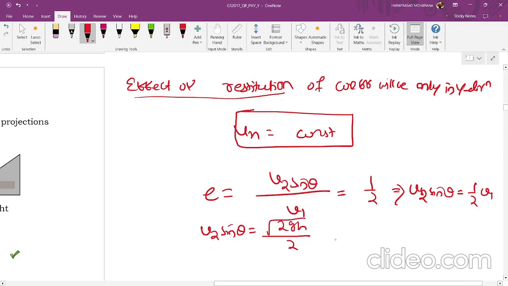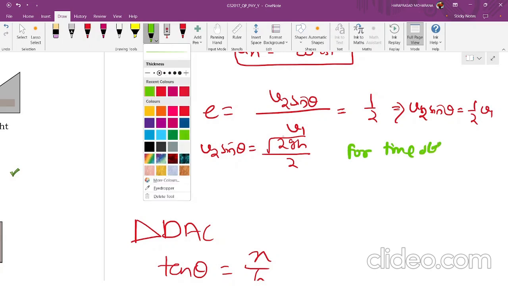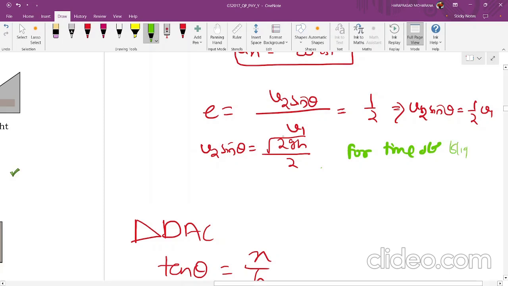Now it's right. For time of flight, we have h equal to ut minus half gt square, and u is equal to v2 sine theta.